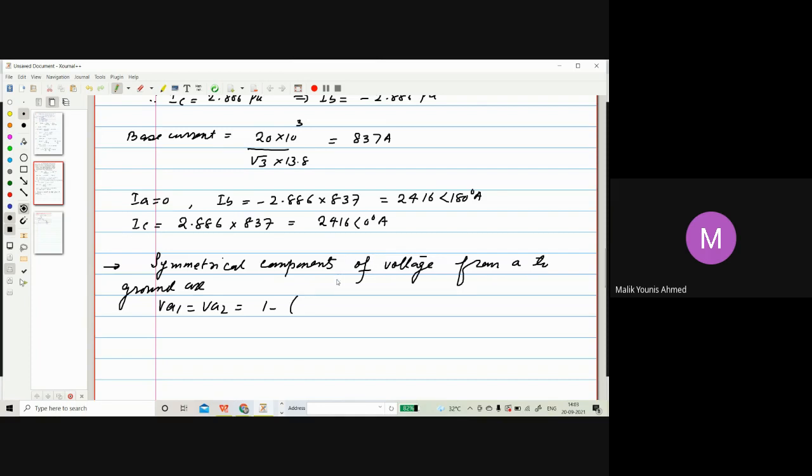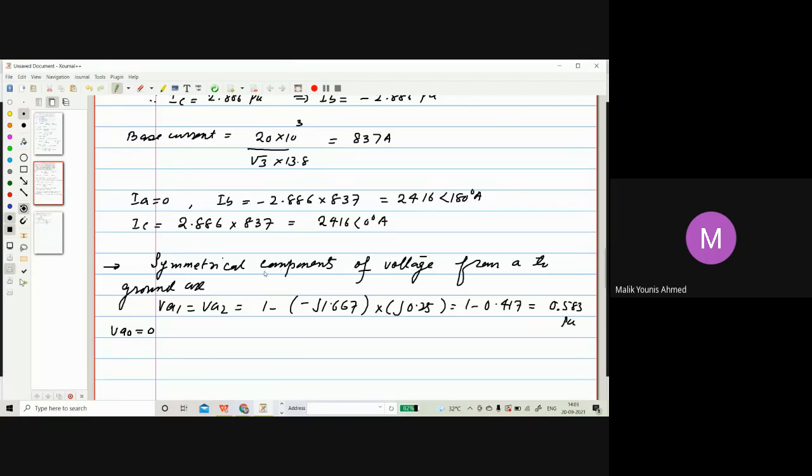VA1 is equal to what? EA minus IA1 Z1. IA1 is j1.667. I'm not writing the formula; I think you know the formulas now. 0.25. That will be 1 minus 0.417, and that value is 0.583 per unit.